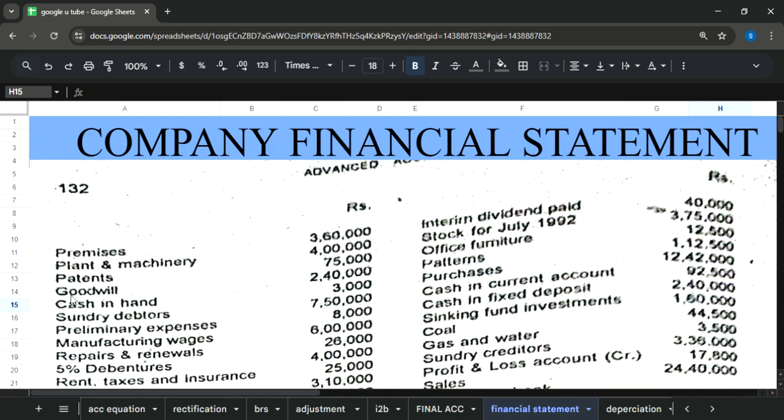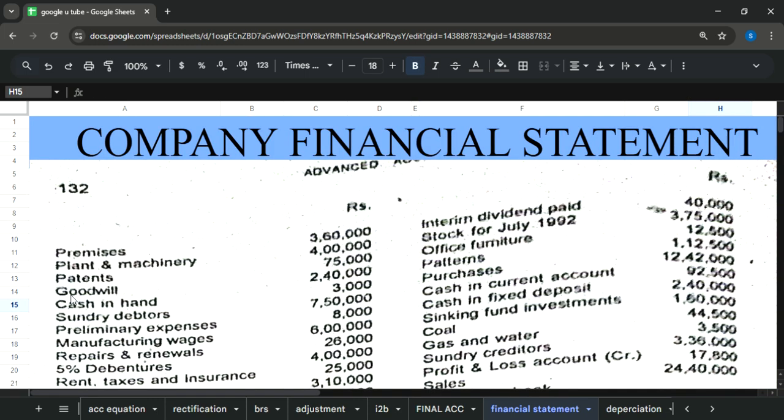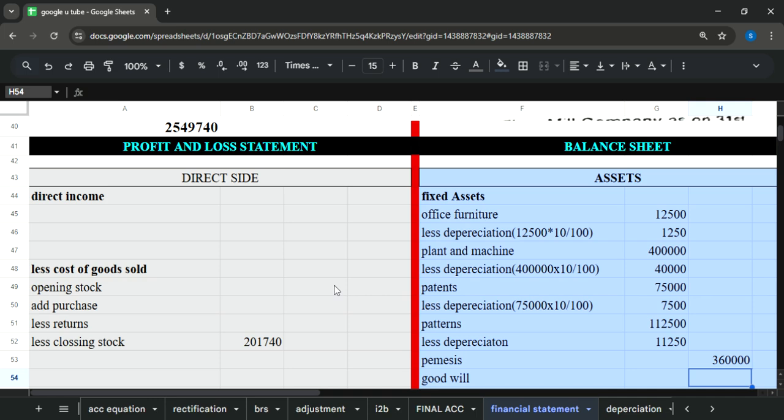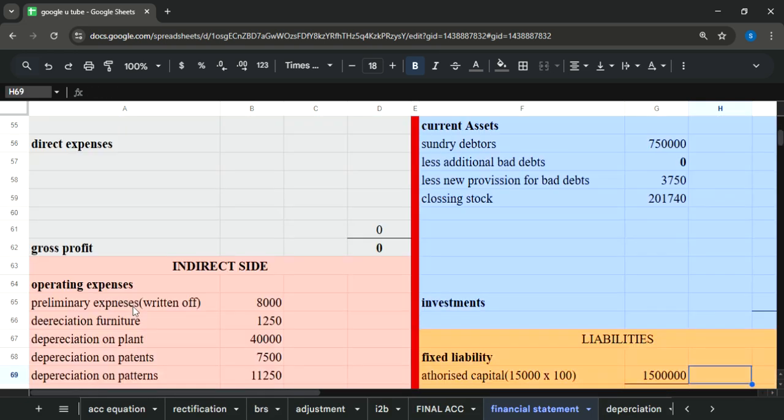Then we have goodwill. This is your fixed asset. So here goodwill, amount of which is 240,000. Just write down in front of it. Then we have cash in hand, current asset. So here we have a place, cash in hand.